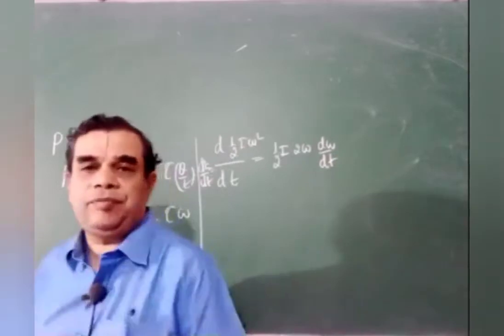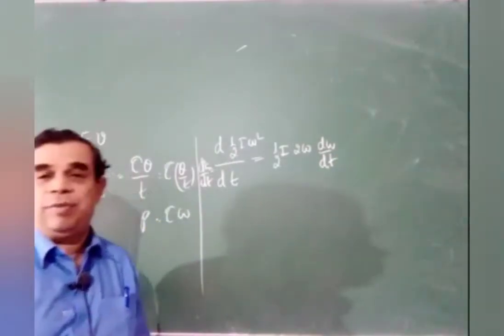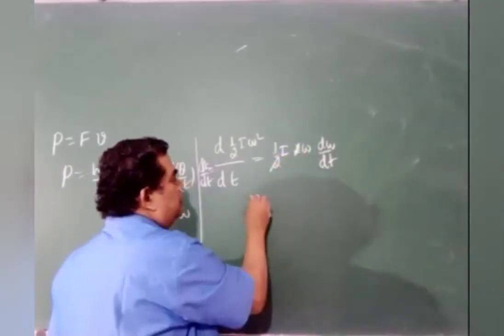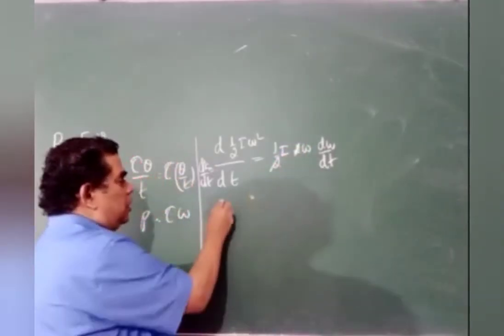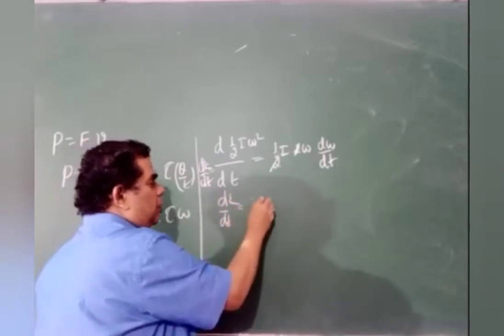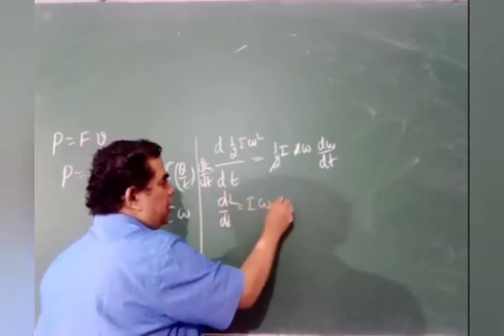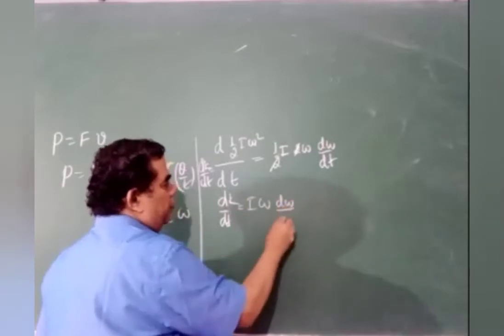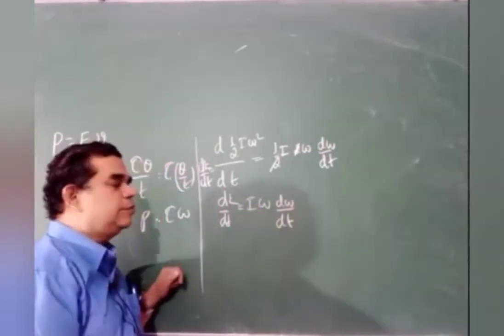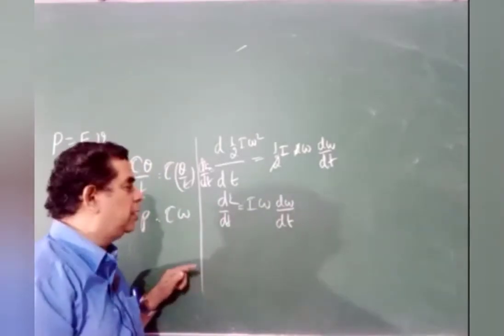Is that right? Cancel this, and observe, dK by dt is I omega d omega by dt. Got the point?